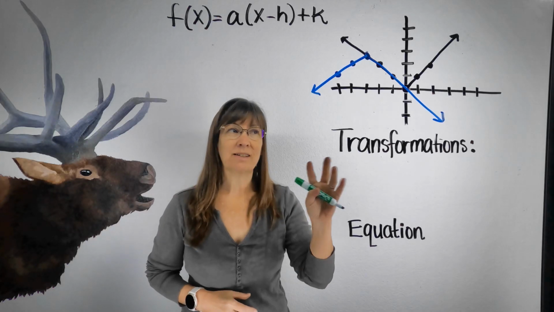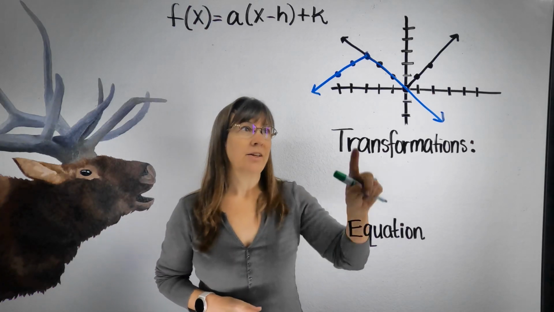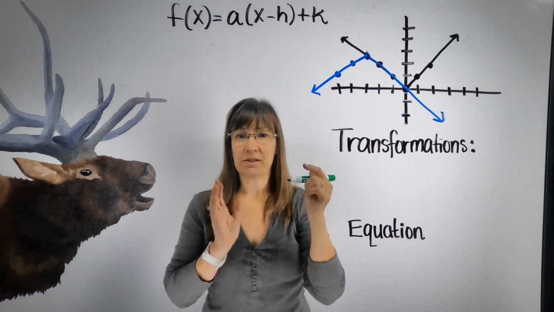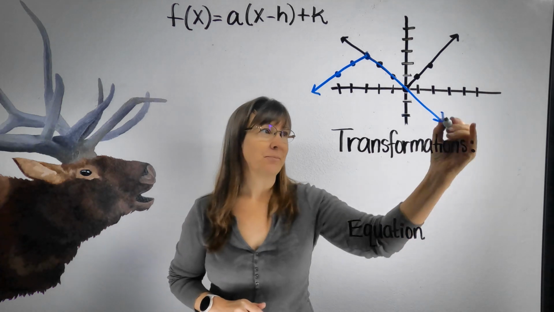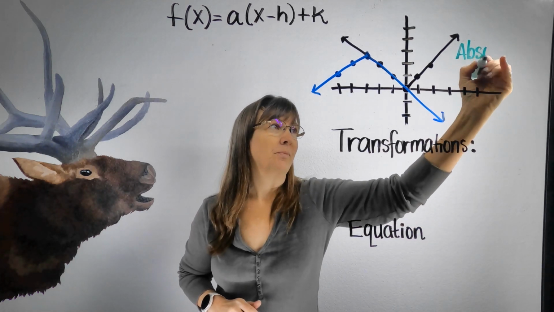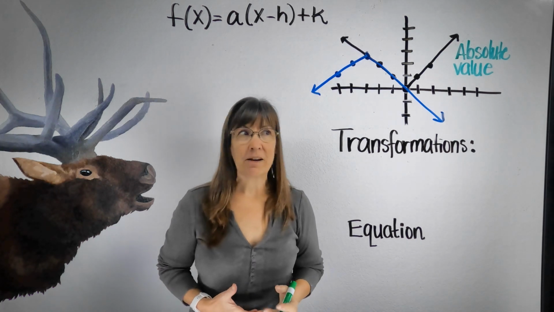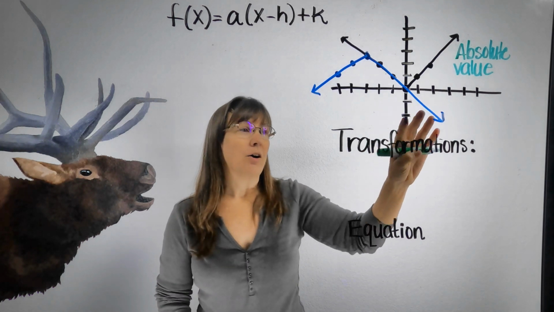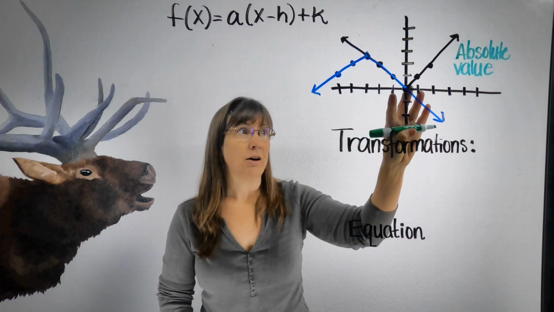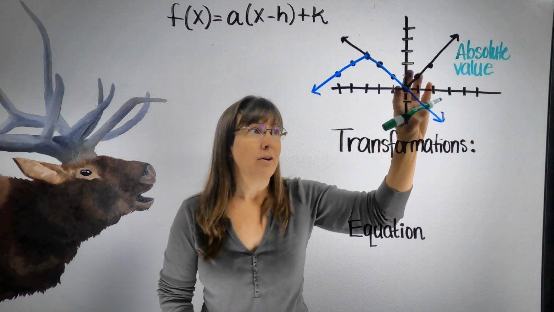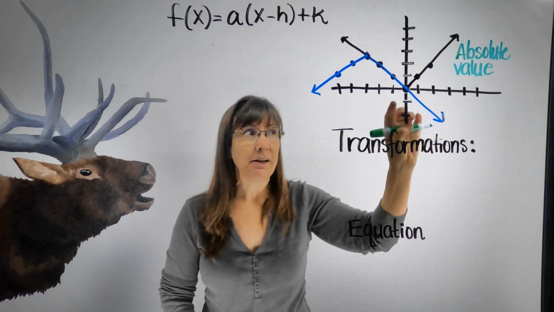My next example is an absolute value function. I know this is absolute value because of the V shape that it makes. The transformations that I see here are, I see 3 of them right from the start. I've got my parent function here in the black ink.